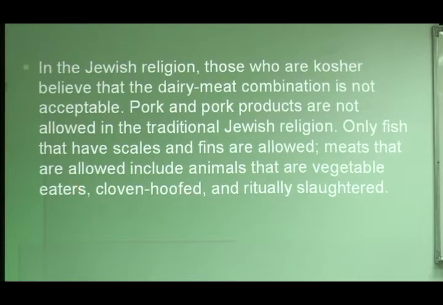Example, what animals eat vegetables? Cow, beef. They can eat beef, but not pork. What else? Sheep, lamb.